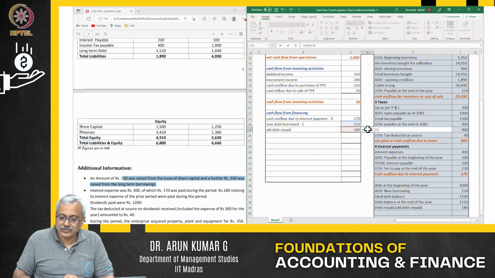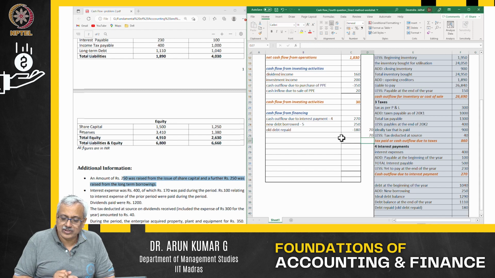You can verify this. What is the opening balance? Opening balance is 1040. What is the closing balance? Closing balance is 1110. So it has increased only by $70. That is the net increase that I talked to you about.